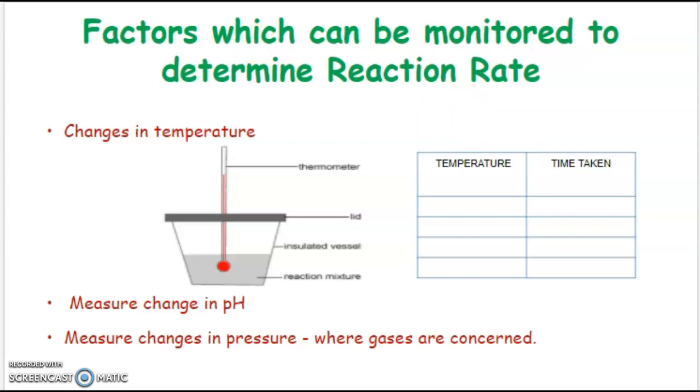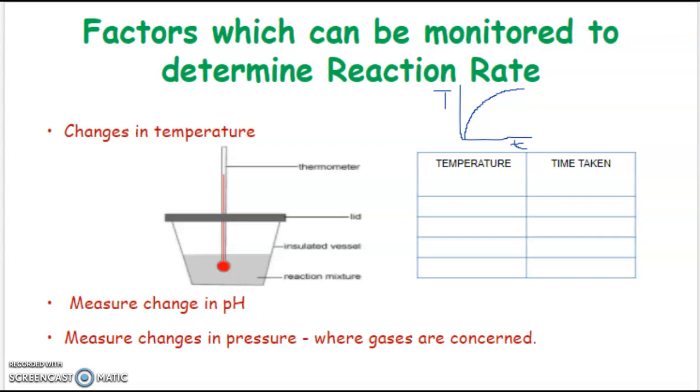Now, if it is a reaction wherein the temperature increases as the reaction progresses, then what we'll have after plotting the graph, with temperature against time on our x-axis, is this general shape, because there is an increase in temperature throughout the course of the reaction.